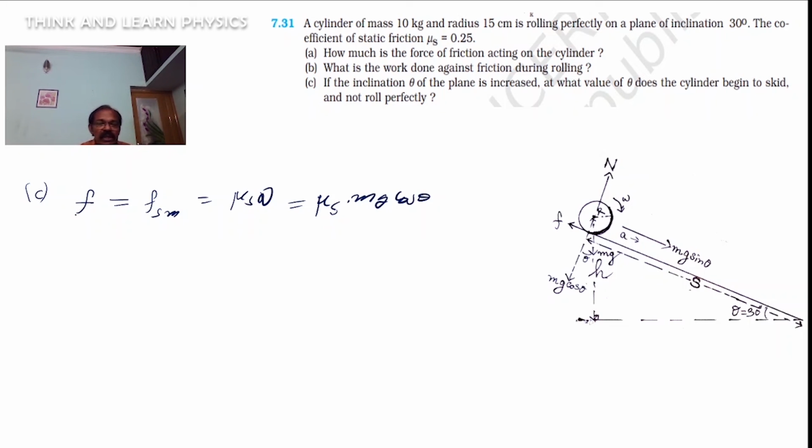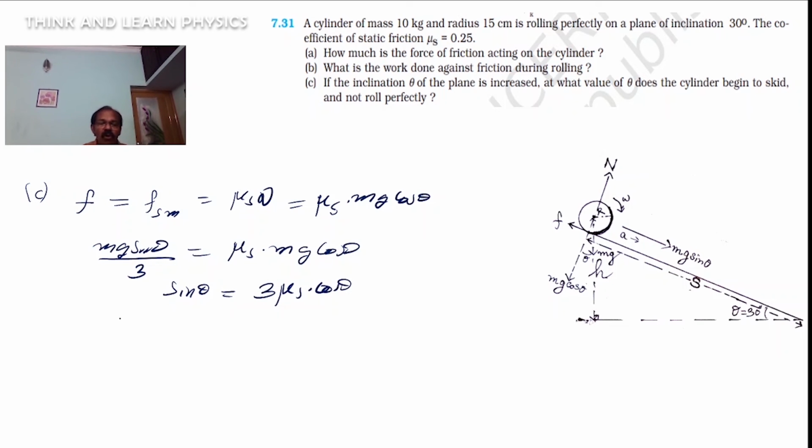Here F is mg sin theta divided by 3, and that's equal to mu s into mg cos theta. We can cancel mg from both sides and write sin theta equals 3 mu s cos theta, or tan theta equals 3 mu s.